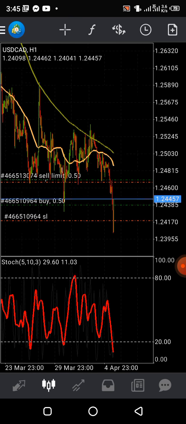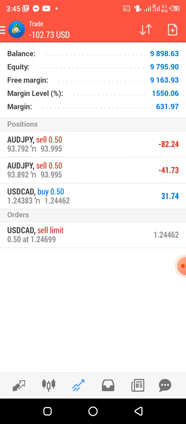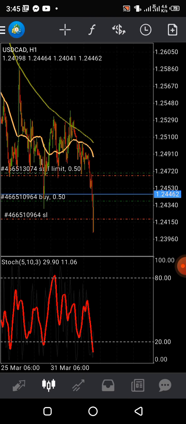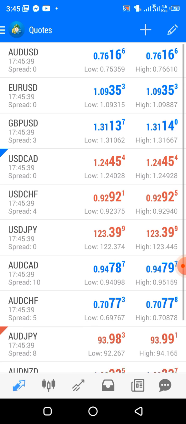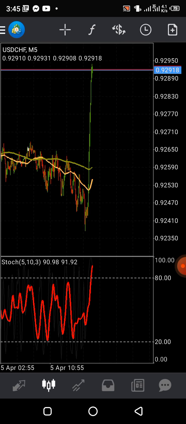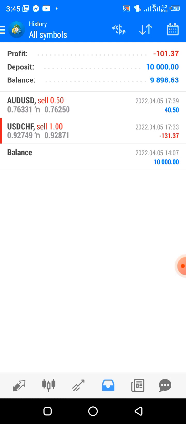So you can see the USD CAD is still going bullish. Let me go back to see what has happened to the first trade we took, that USD CHF. Even though it has taken us out at a loss, it still went bullish, and what we were on that trade was a sell.